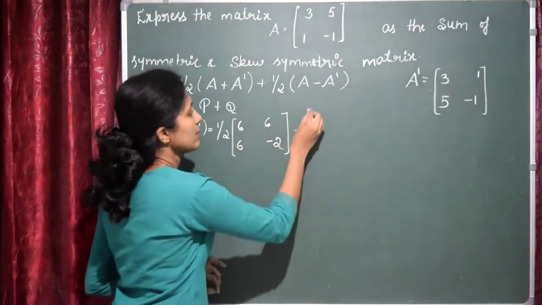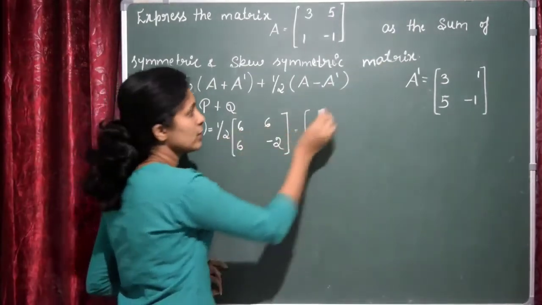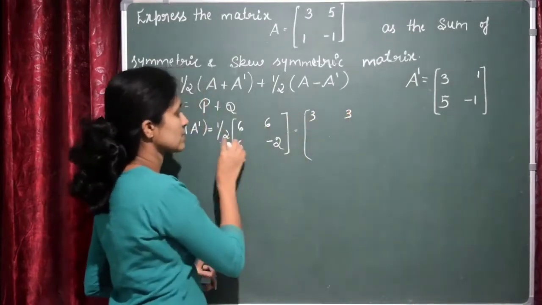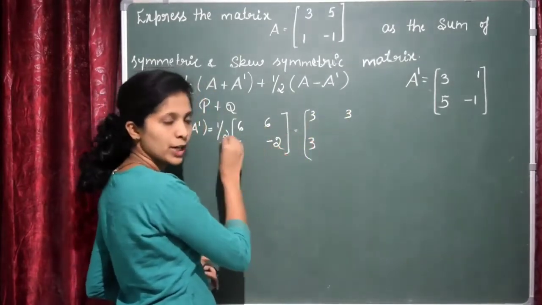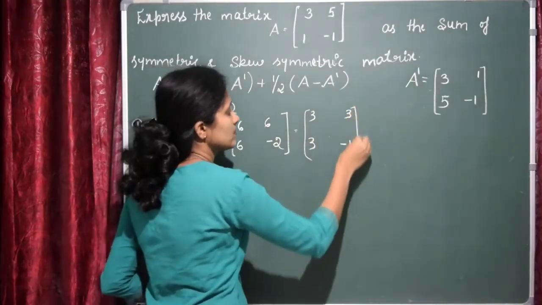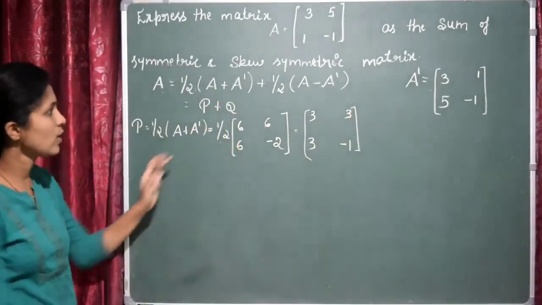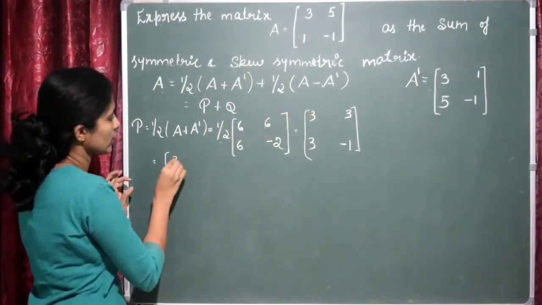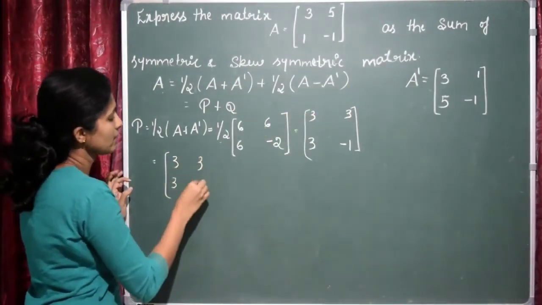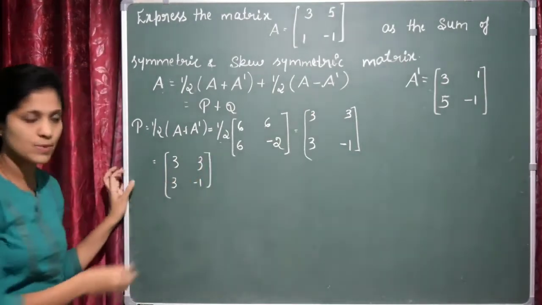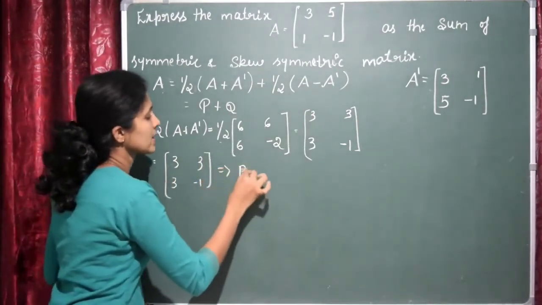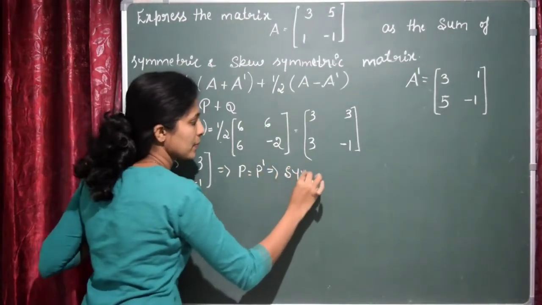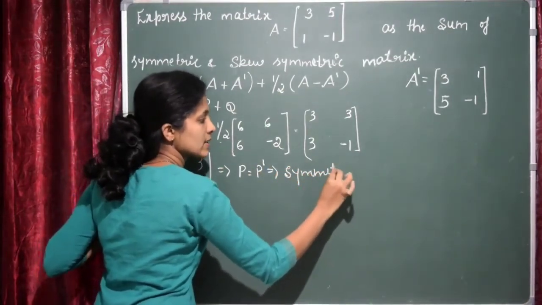If I multiply by 1 by 2, this is 6 by 2 will be 3, and again 6 by 2 is 3, and this is 6 by 2 is 3, and minus 2 by 2 will be equal to minus 1. Yes? So if I write the transpose of that, it will be 3 and 3, and this is 3 and minus 1, right? So both are same. So by this we can say that P is equal to P dash. So P will be symmetric. Is it clear? P is now symmetric.